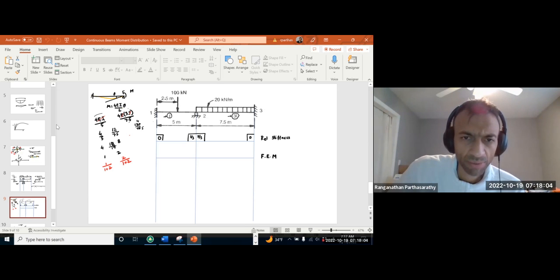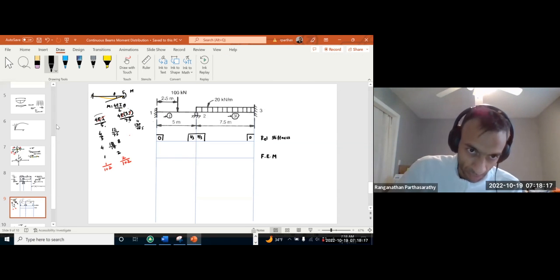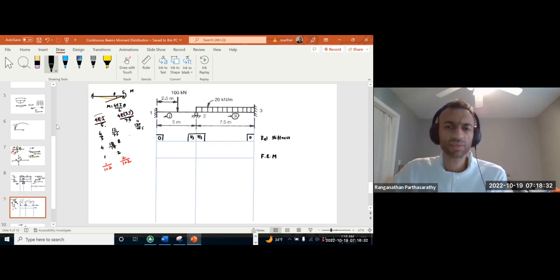I is the moment of inertia, I for the left span, and EI by length is 5. For the right span, moment of inertia is 3I and length is 7.5. So then we reduced it finally to 1 and 2, so 1 over 3, 2 over 3. That is the relative stiffness.